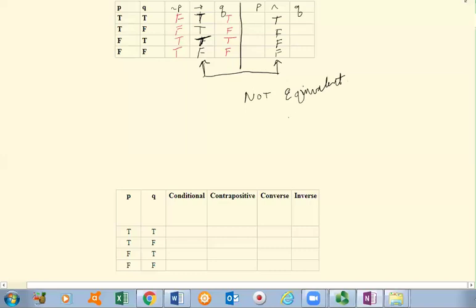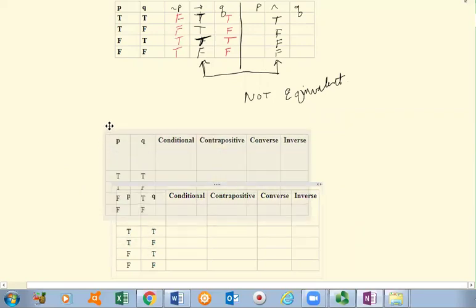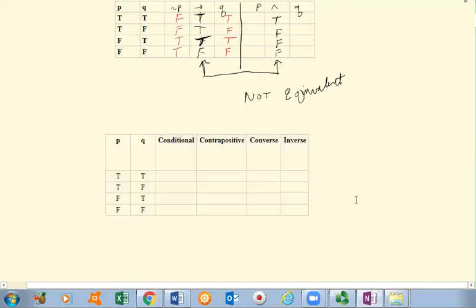Okay, not equivalent. Okay, the next one down here, we're going to compare these four statements.